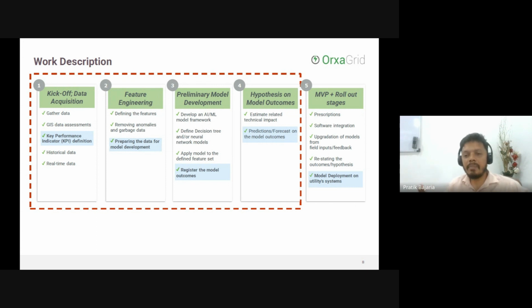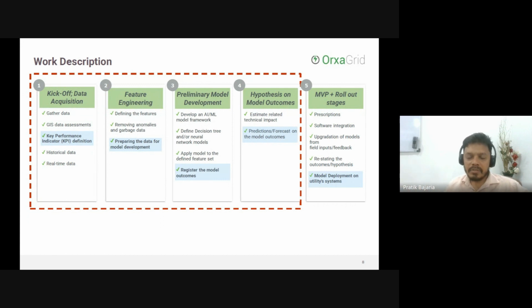And hence it keeps on tuning, and at one stage it becomes so synced with the reality that the customer also enjoys the benefits out of it, reducing their OPEX costs, and the model in itself gives you the accuracies which you desire. So that's the overall syncing that we try to do when it comes to the models that we build along with our customers.